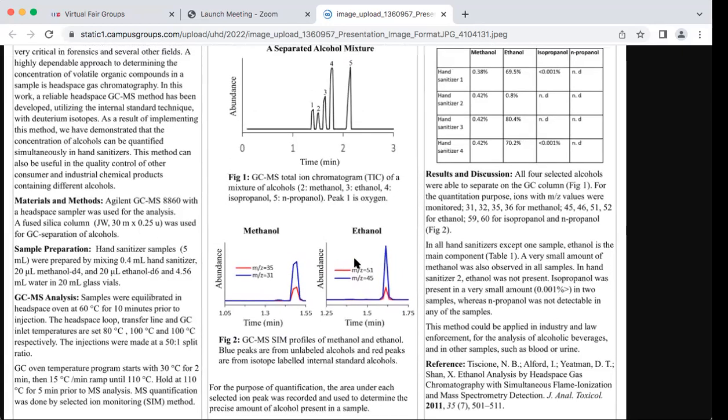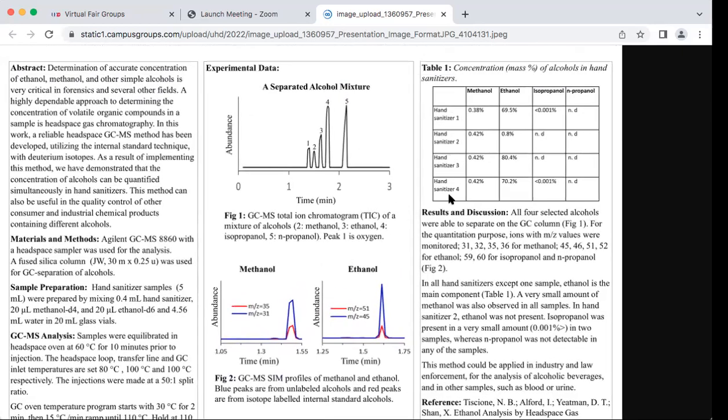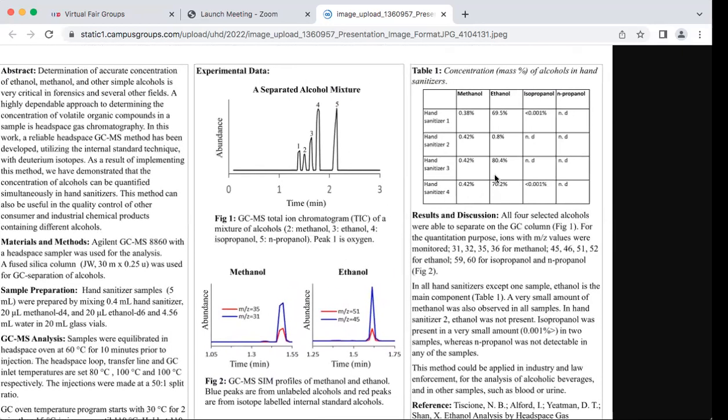Overall, we tested 4 hand sanitizers, and we found that they all contained the amount of ethanol that was claimed on the label, except for one of them. One of them was claimed to have no ethanol, and we did find a very small amount of ethanol, 0.8%.